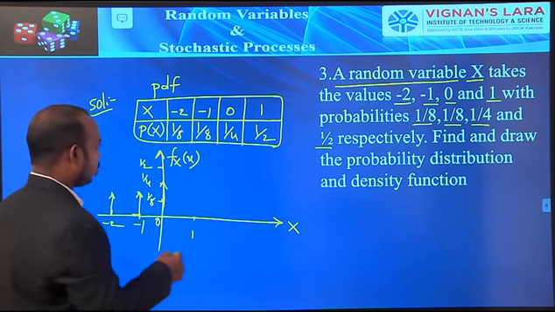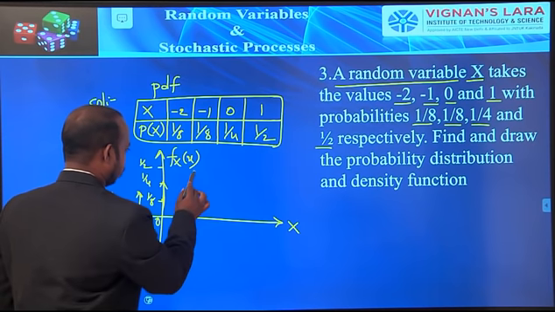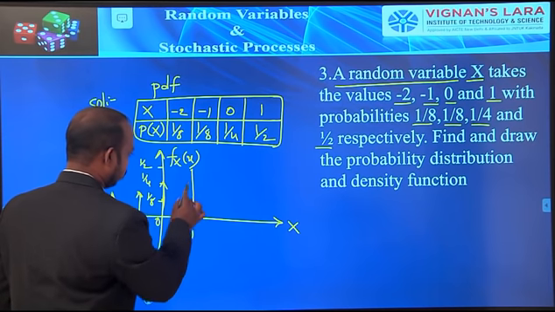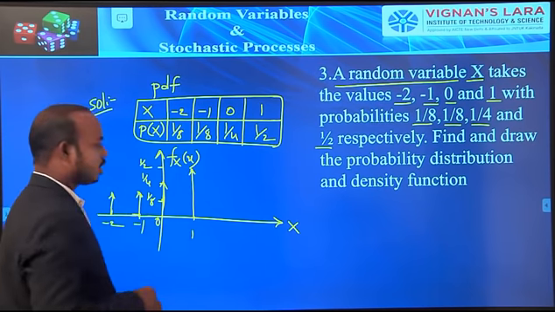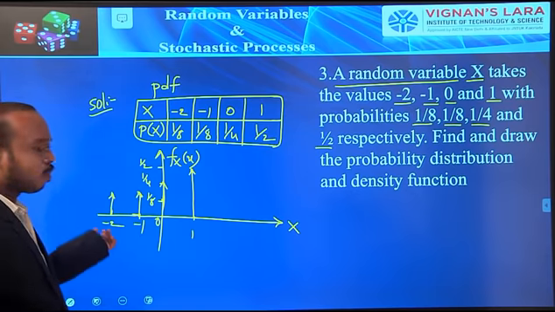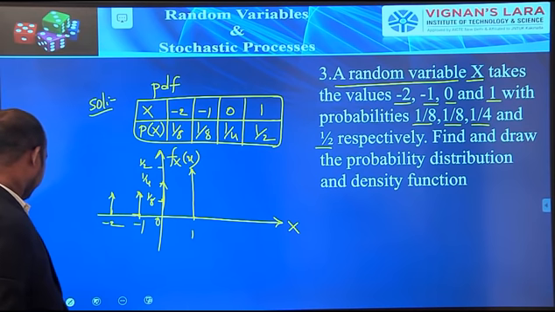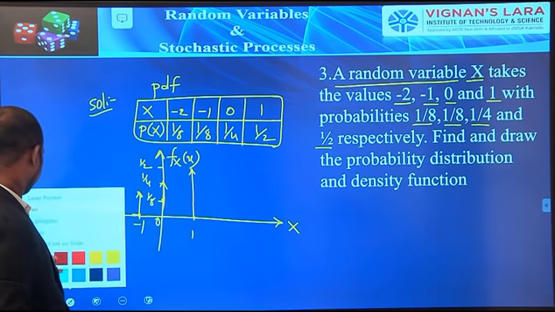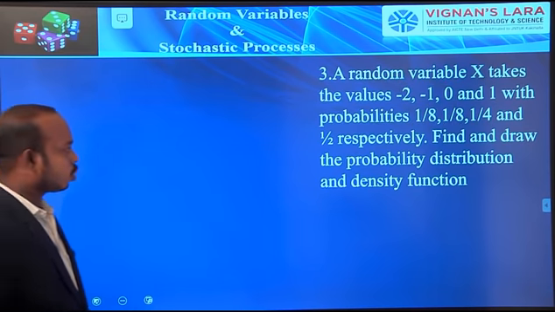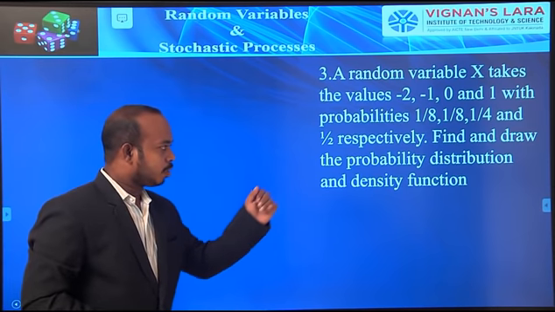At 1, the quantity is 1 by 2. This is the graphical representation of the probability density function. Coming to the next one, the probability distribution.